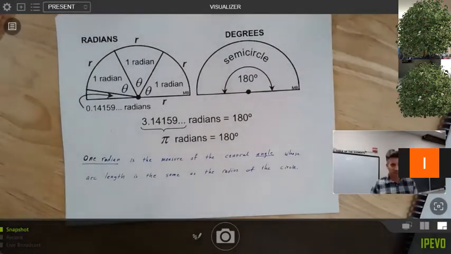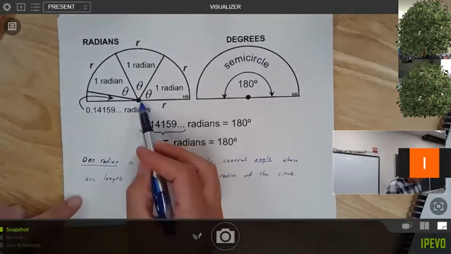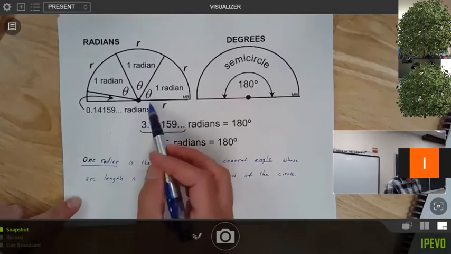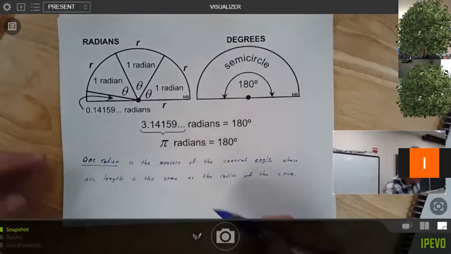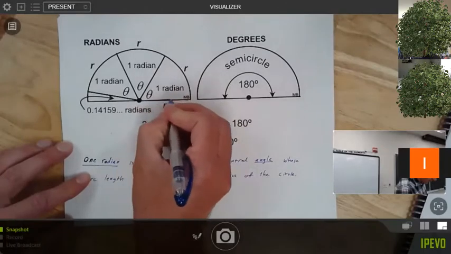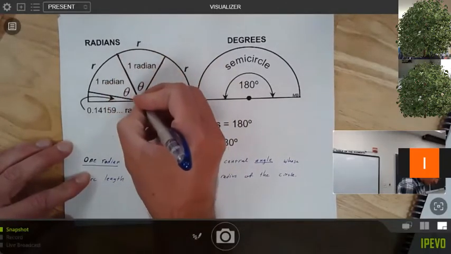So the thing I want you to take away from this picture is that this length here is the radius of this semicircle, right, it's half a circle. So all these lengths are the radius.